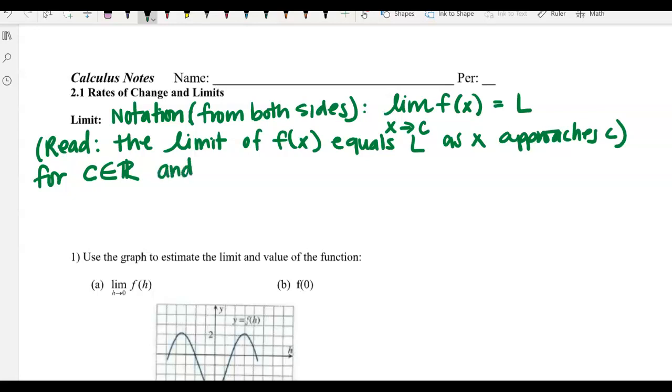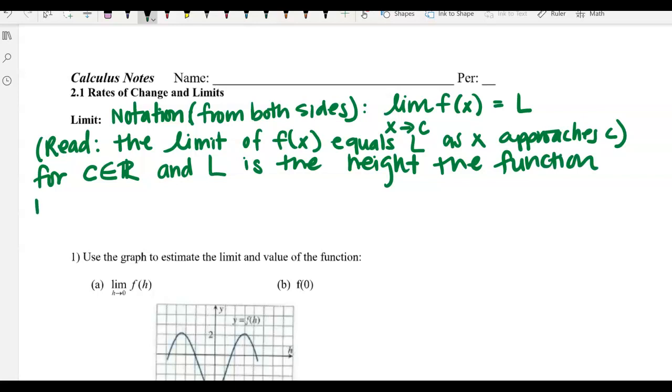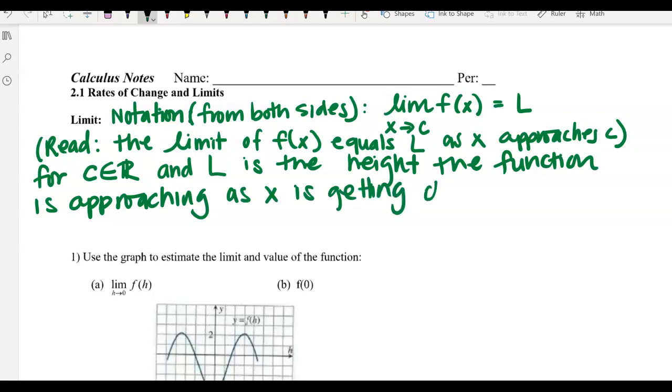And L is the height the function is approaching as x is getting closer to c.